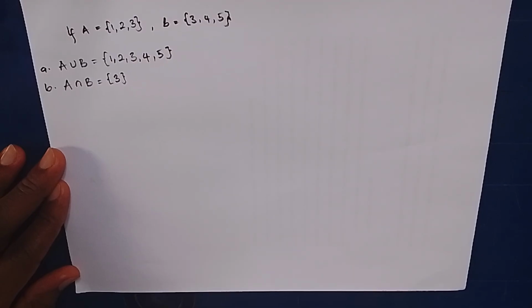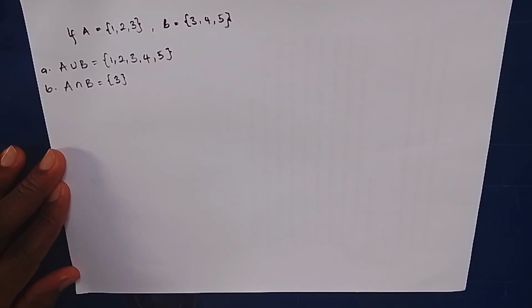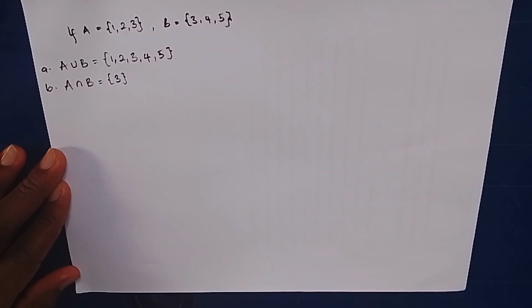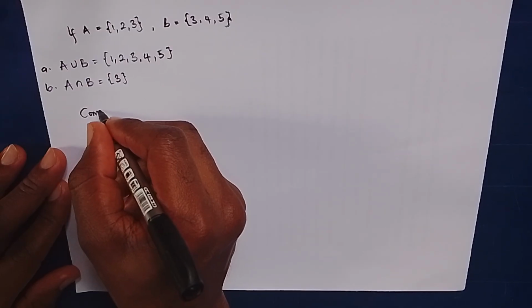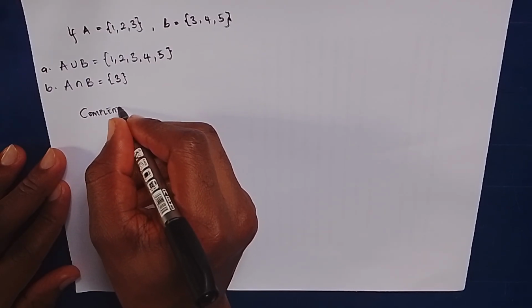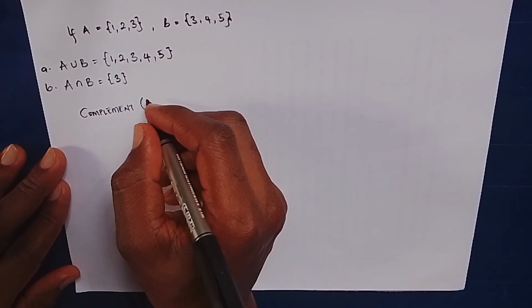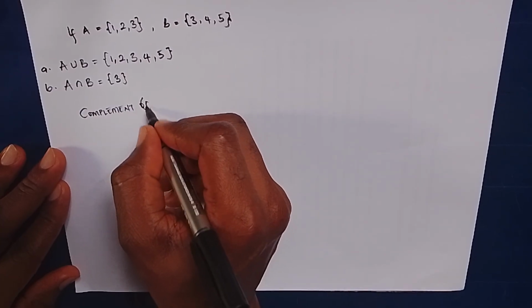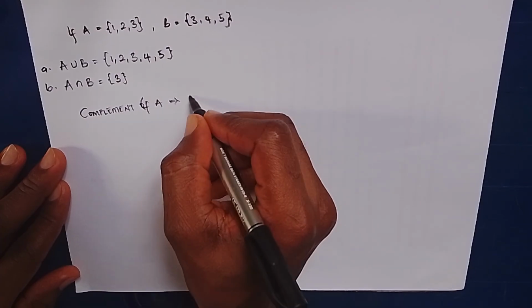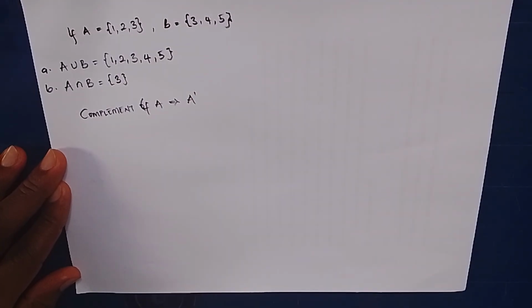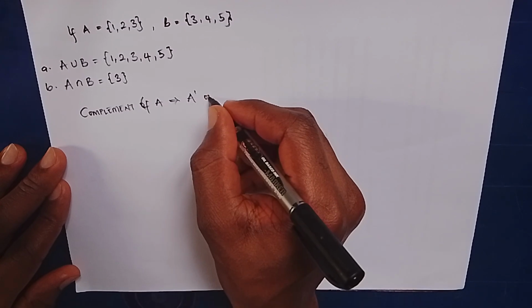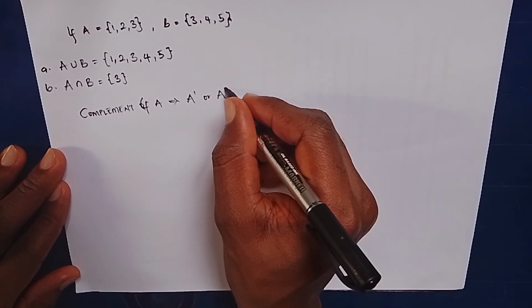Next, complement of a set. The complement of a set is the set of elements in the universal set U that are not present in A. It's usually represented by, say we are given set A, complement of A will be represented by A prime or A complement.